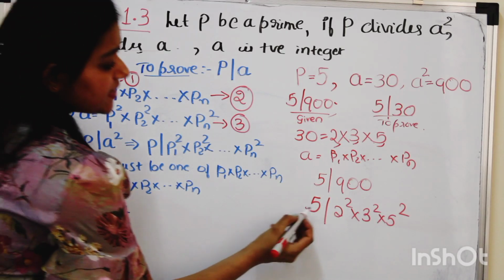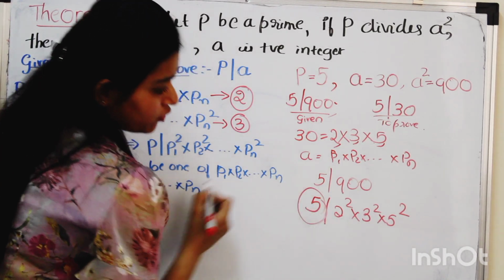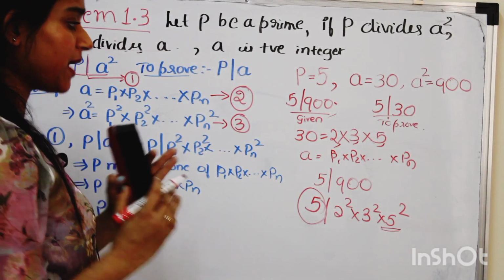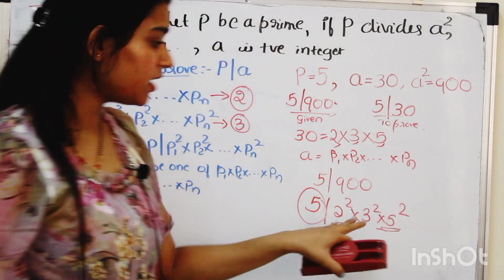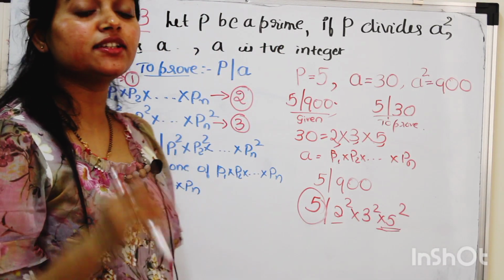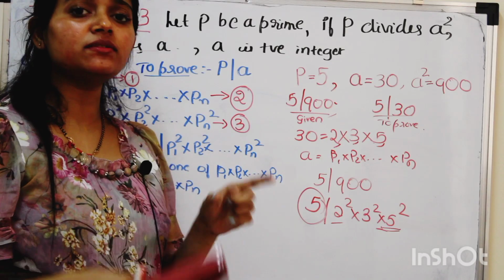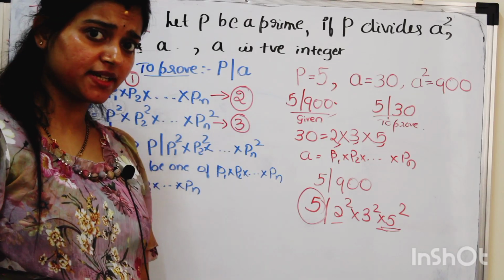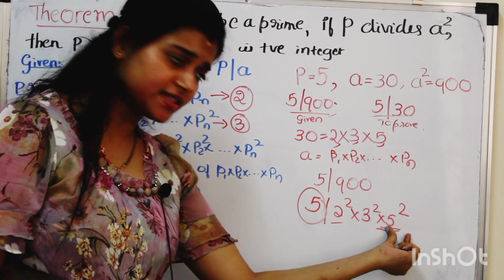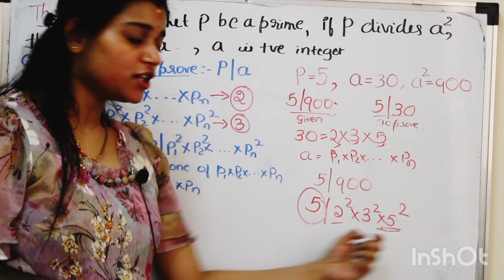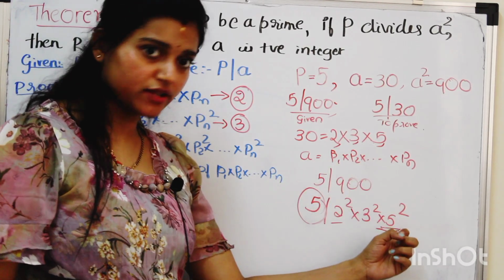So here you can see this 5 is repeated, correct? If a prime number divides another number, you know that a prime number has only two factors, that is, one and the number itself. So there must be that number itself. Here you can see 5, and here you can also see 5.